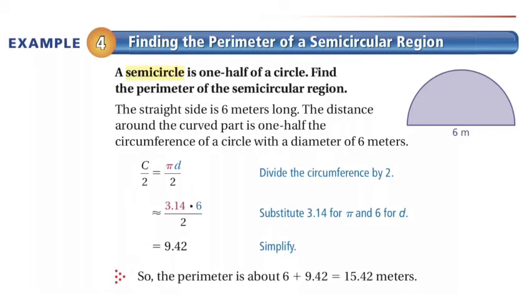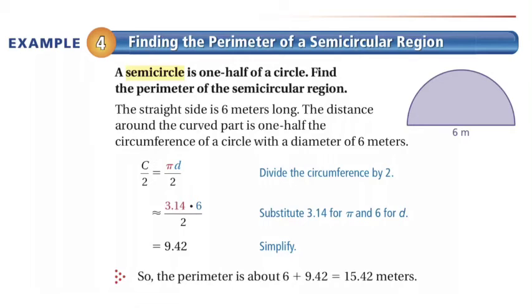So they have C over 2, because you're dividing the circumference in half, equals pi d divided by 2. Notice they're dividing it by 2 because it's just half a circle. So you find out that it's 3.14 times 6 divided by 2. 9.42 meters to get halfway around this circle.